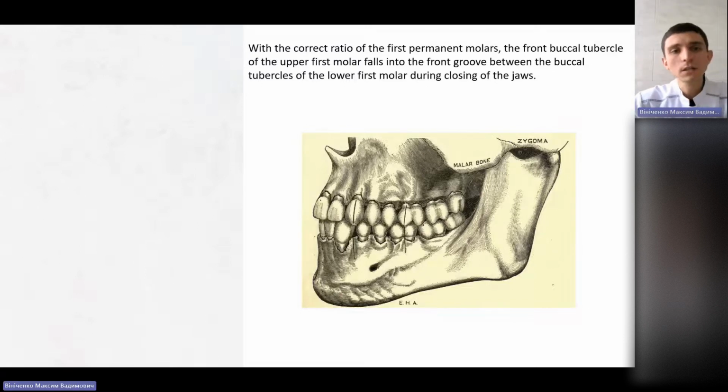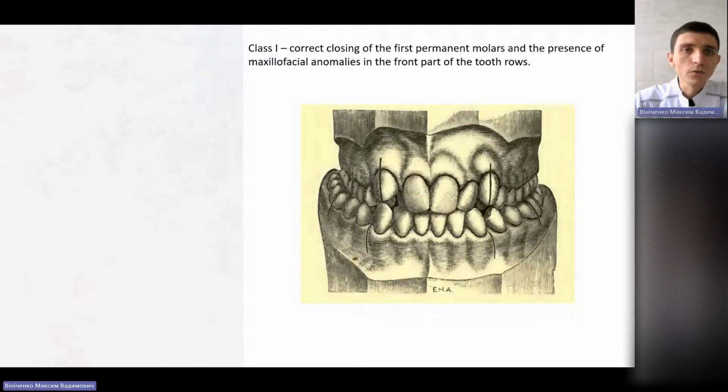So nowadays, we need the canines to be in class 1, in normal position. It is very important, though not as important as the position of the molars. So it is the class 1 position. It is the correct closing of the first permanent molars and the presence of maxillofacial anomalies in the front part of the tooth rows.